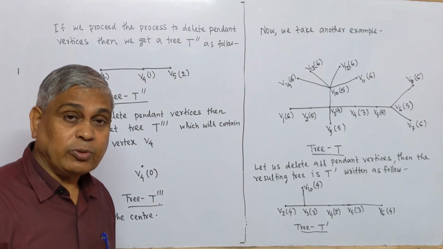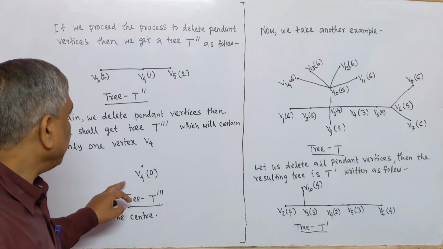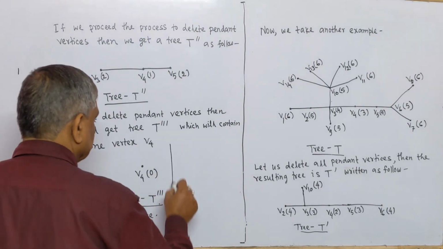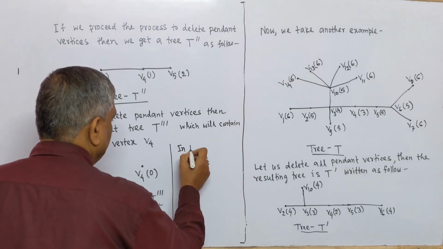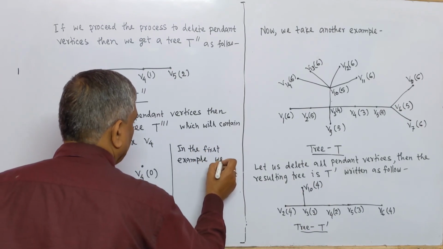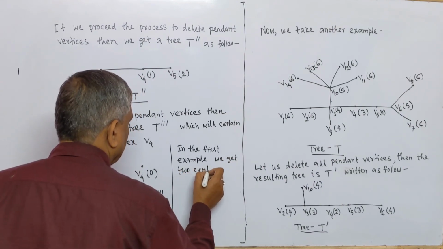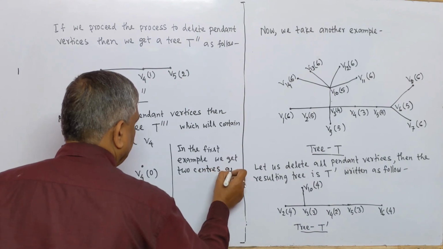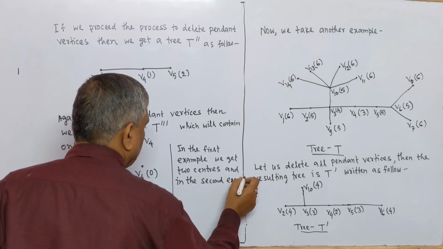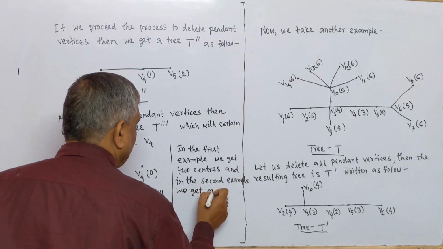In the first example, we get 2 centers, and here we get only one center. Therefore, in the first example, we get two centers, and in the second example we get one center.